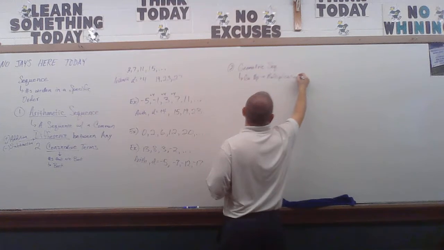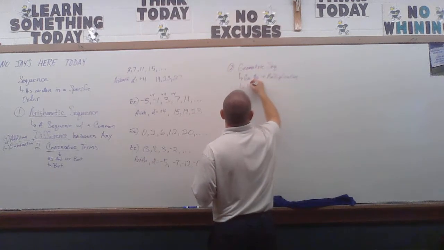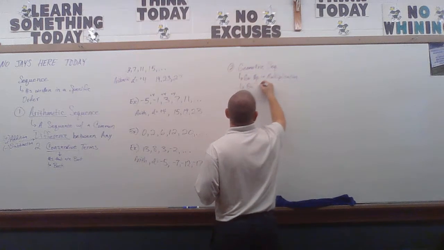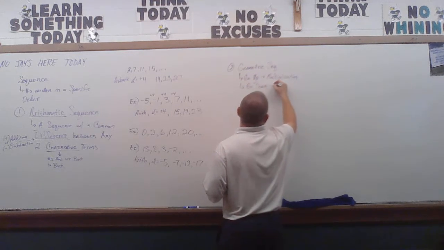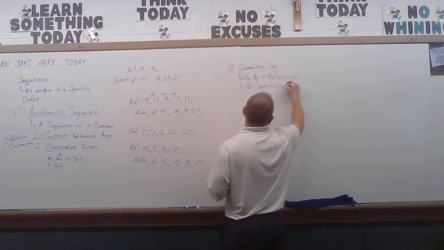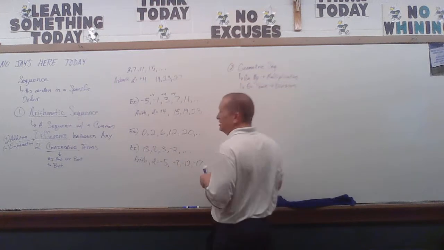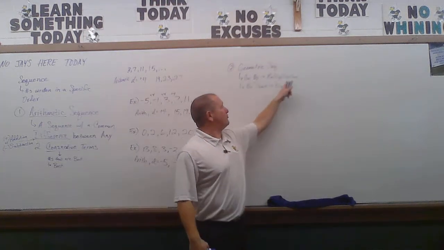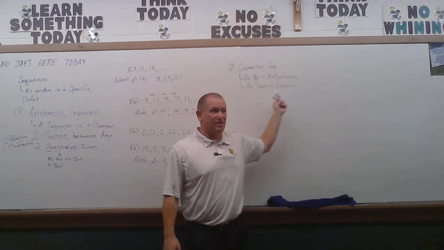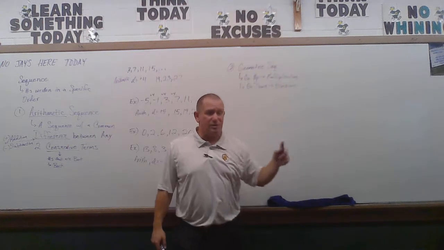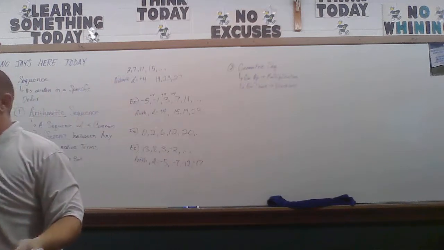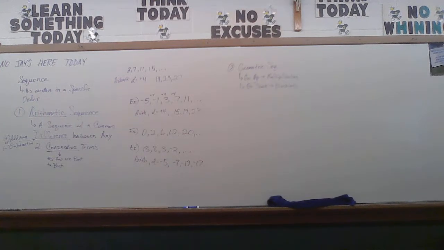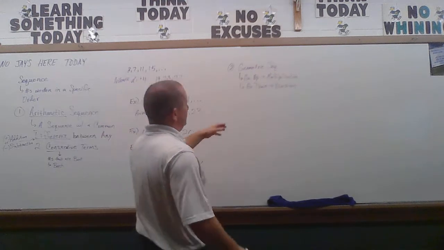If I go down, we're going to think about division, or we can always think about multiplication in this case. Because isn't multiplying by a fraction basically the same thing as doing division? If I would say that I was going to divide by 2, or if I would say that I was going to multiply by 1/2, isn't that basically the same thing? Yeah, so you can think of it either way.